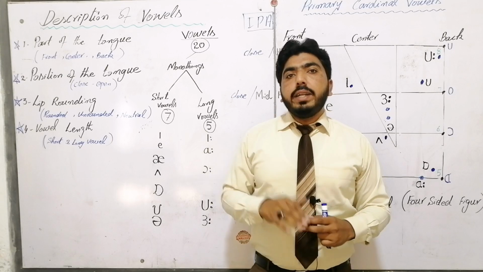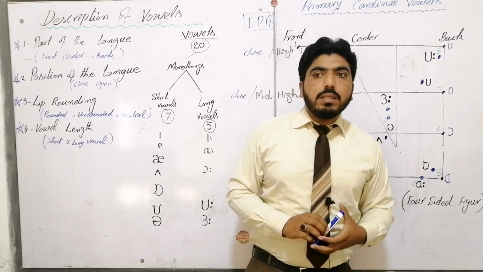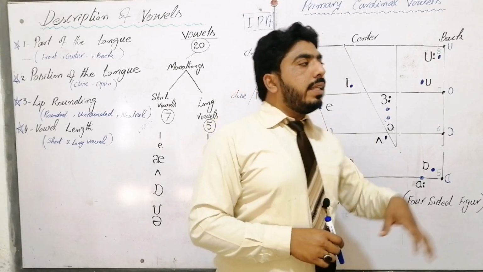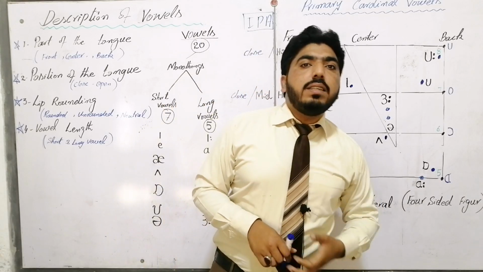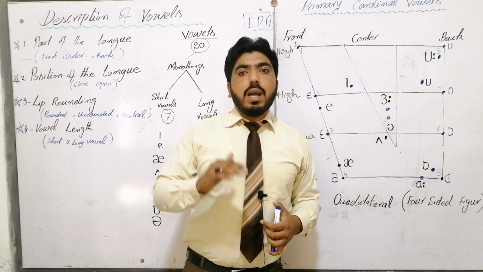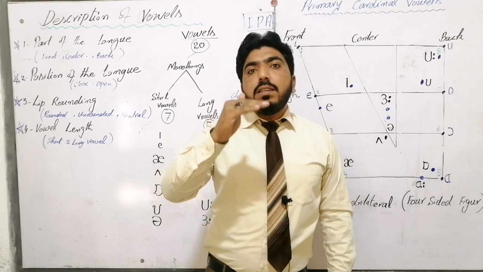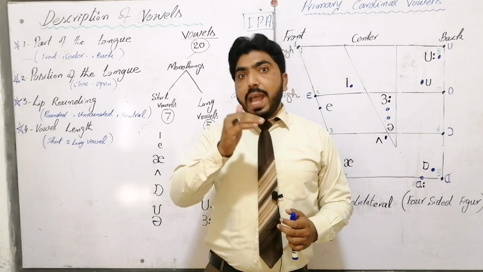Or we divide the tongue into different parts like the tip of the tongue, blade of the tongue, middle of the tongue and back of the tongue. Basically, this quadrilateral shows the 4 sides of the tongue. Sometimes certain sounds are pronounced from the front of the tongue. Some sounds are pronounced from the back of the tongue.